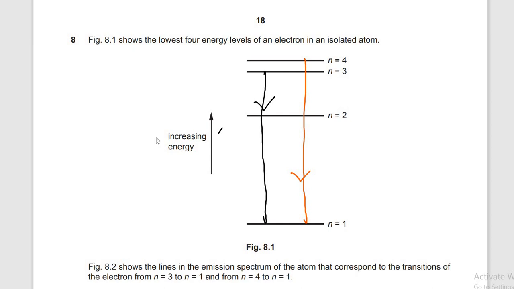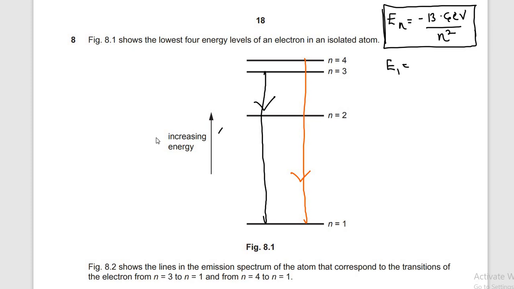Now, using En equals minus 13.6 eV over n squared, it makes the work easier since we are not assigned any value. This is the general formula. So for E1, when n is 1, it is minus 13.6 eV over 1 squared, so minus 13.6 eV.